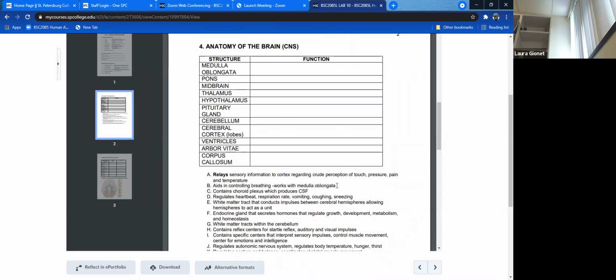That would be the ventricles. D, regulates heartbeat, respiratory rate, vomiting, coughing, and sneezing. That would be the medulla oblongata.